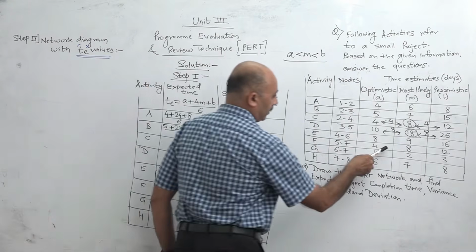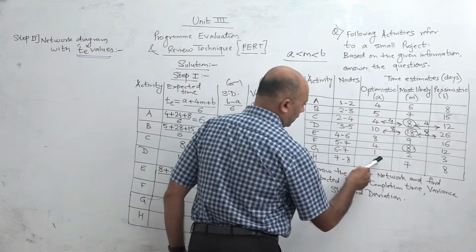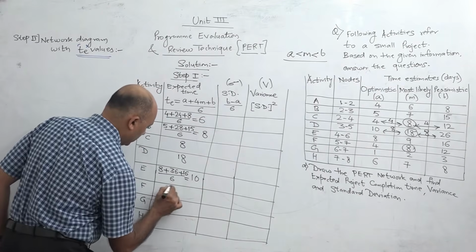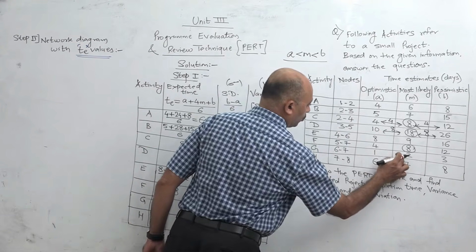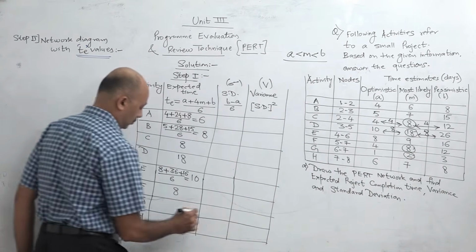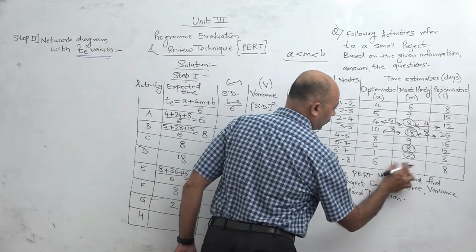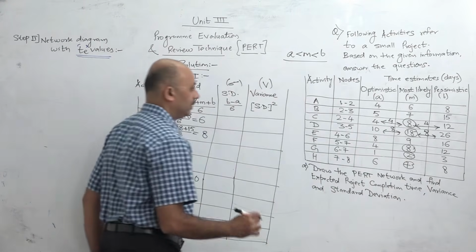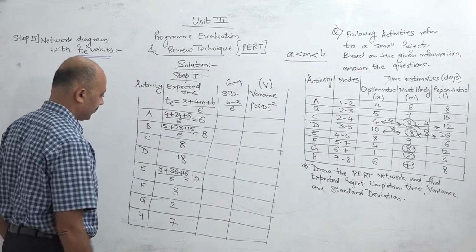Now here the intervals are the same, 4, 8, 12, so T is the central value. So for F, T will be 8. For G, 1 to 2, interval is 1, here also interval is 1, so it is the same. So T value will be 2. H, 6 to 7 is 1, 7 to 8 is 1, so T value will be 7.